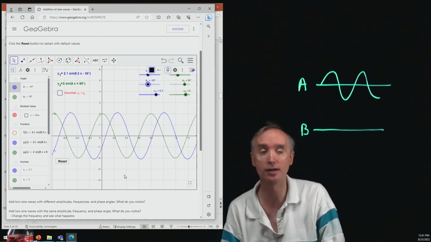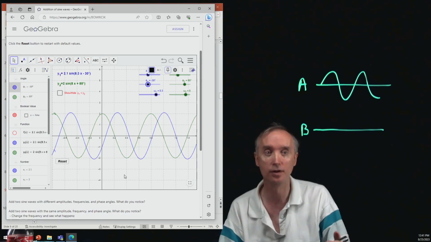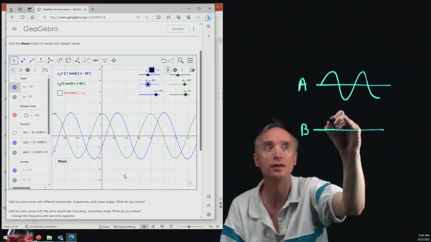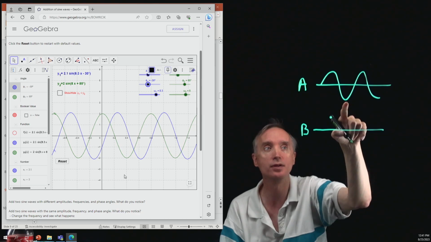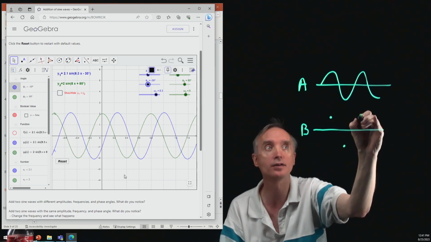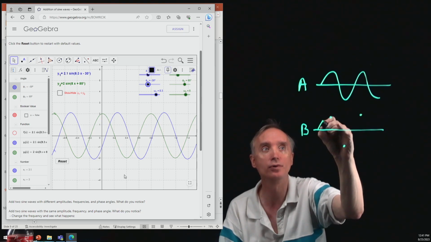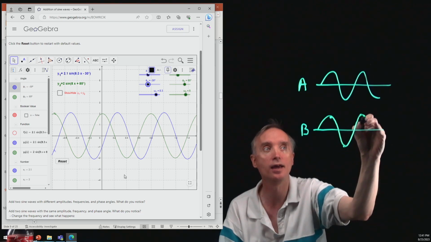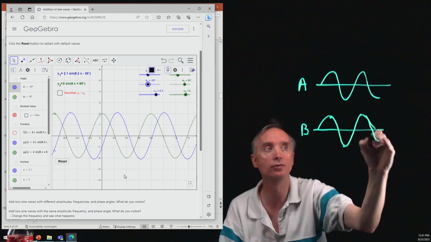It's going to have the same amplitude, the same frequency, the same wavelength, but whenever this one's at its maximum, this one needs to be at its maximum. Whenever this one's at its minimum, this one needs to be at its minimum, and then maximum and maximum again, so I really just need to reproduce a copy of that original graph.